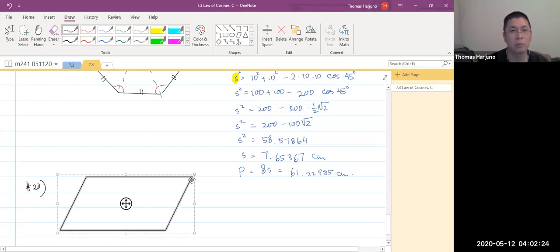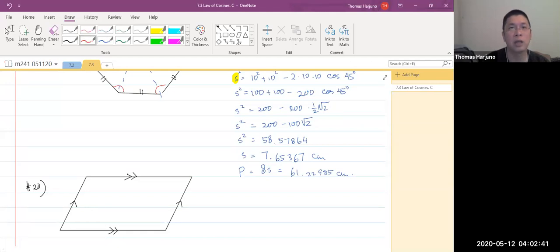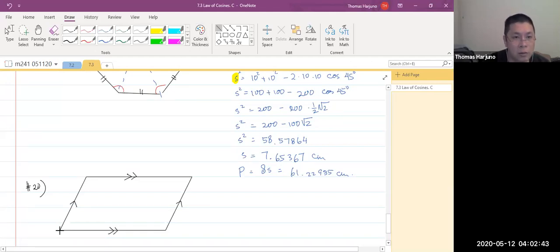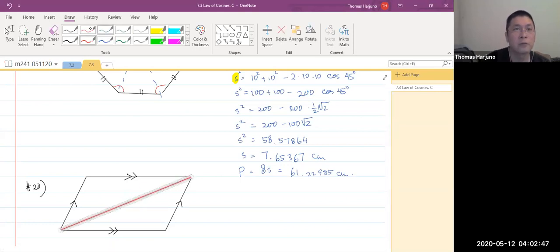Parallelograms mean opposite sides are parallel. Now, from geometry, you will see that the diagonals of a parallelogram actually bisect each other.